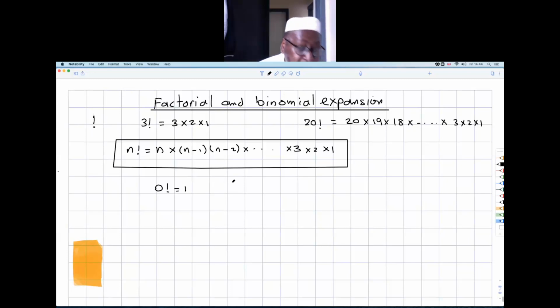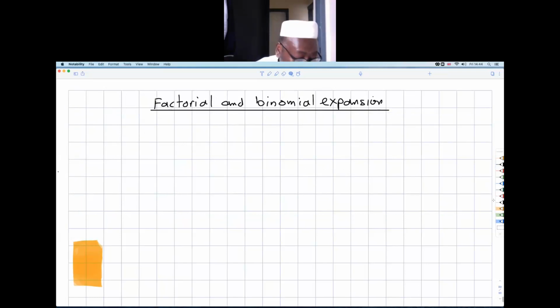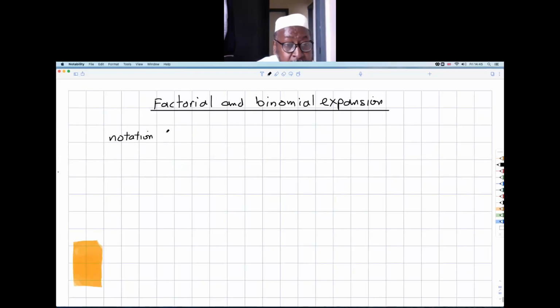Okay, now let's have something, the notation. What is the notation? We have a notation n r, where n is a number and r is a number.